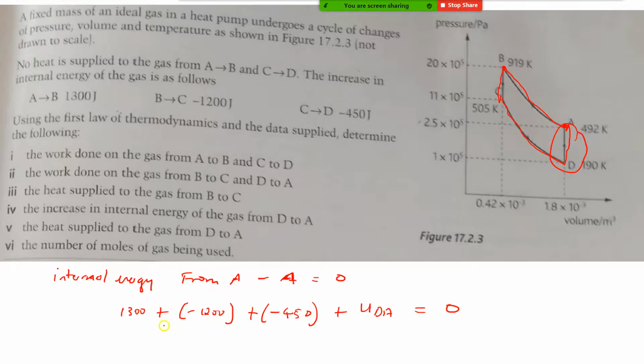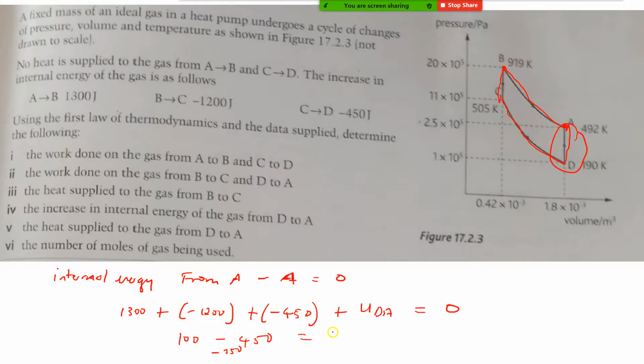So when we do the math, 1300 minus 1200 gives me 100. 100 minus 450, I'm going to get negative 350.